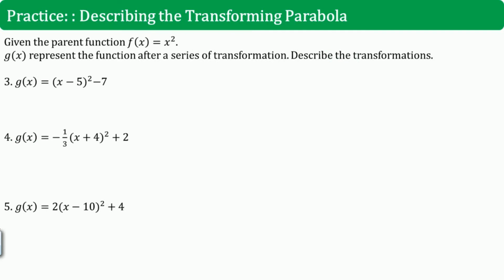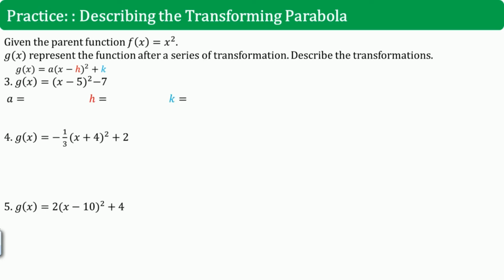Now you can do some of the practice problems. Again, same process here: describe it after you find the variables. Let's give this a try. Number 3. I labeled it. That's vertex form.